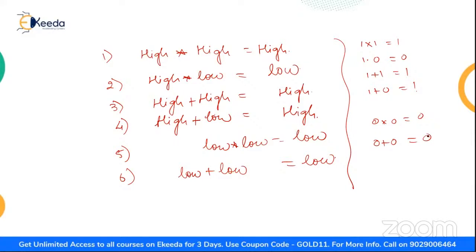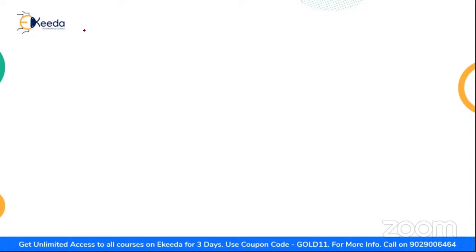Boolean algebra laws. Okay. Using all this, we'll see gates now, logic gates. We'll see logic gates. We'll use only 2-input gates.